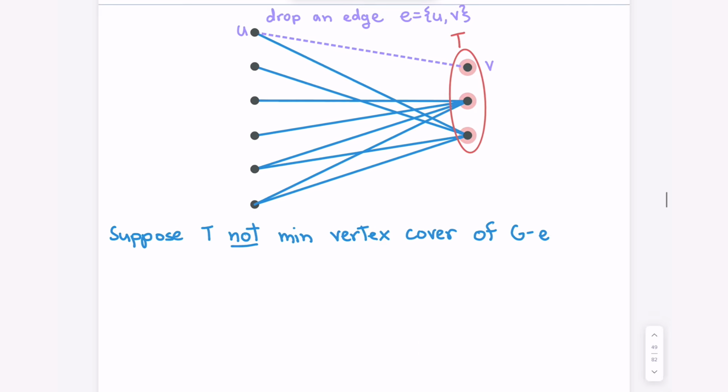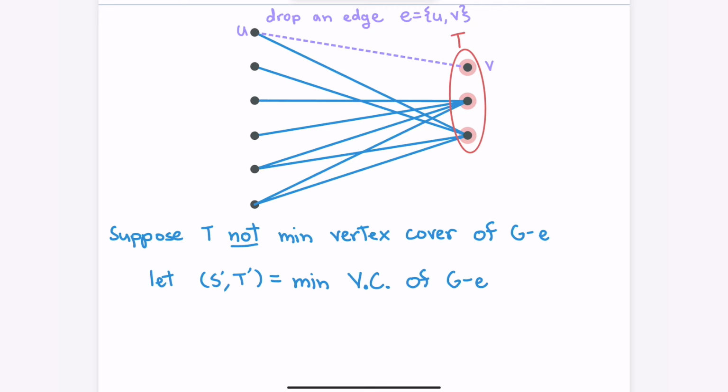The only remaining case is what if T is not a minimum vertex cover? That means there's some smaller vertex cover. So in that case, it'll look like this or something. But if that was the case, I should be able to take this and that would give me a minimum vertex cover for the original graph.